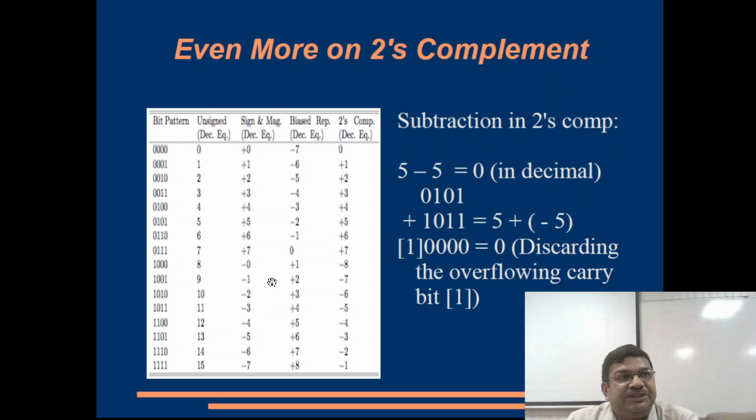One extra representation is taken as 0, so that is counted in the positive range. So it is not equally balanced; the negative range of numbers is 1 less than the positive range. That's another minor detail that you may like to note.